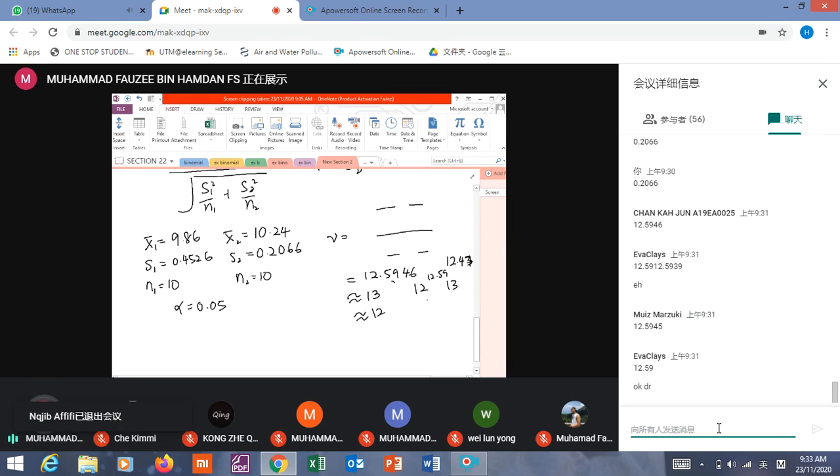Some books say 12, some say 13, by rounding. So 12 or 13, I accept.